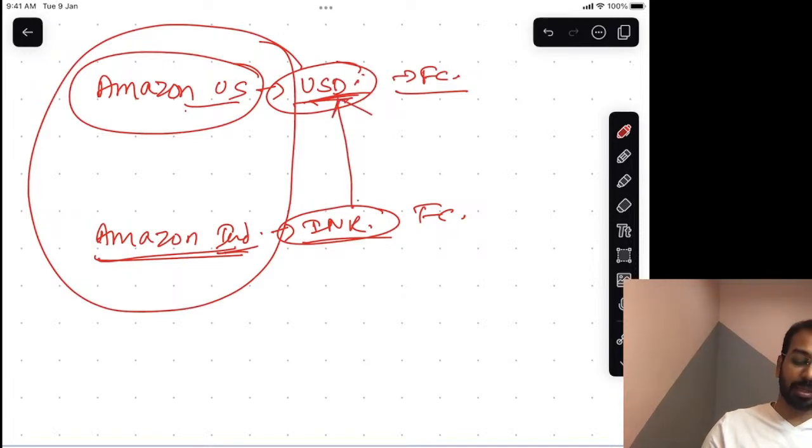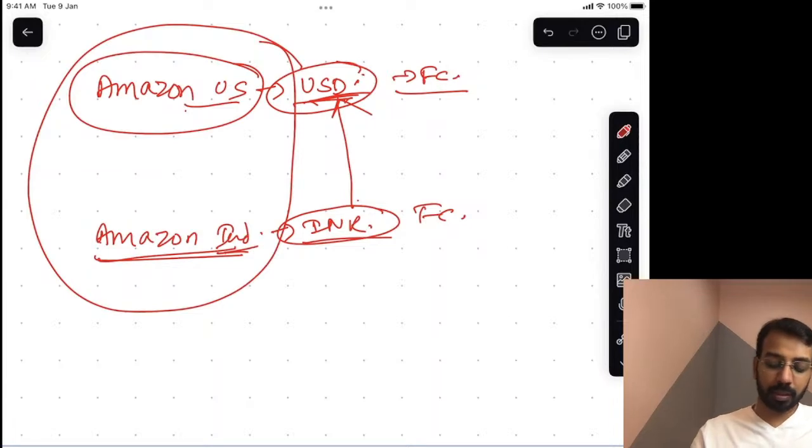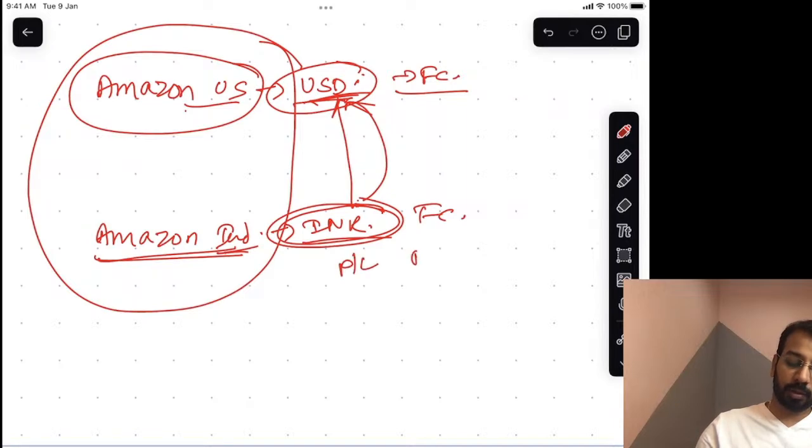You have to convert the balance sheets and P&L. So you have to convert this INR into USD. All the financial statements, your P&L and balance sheet, you have to convert from INR to USD so that they can be consolidated properly.